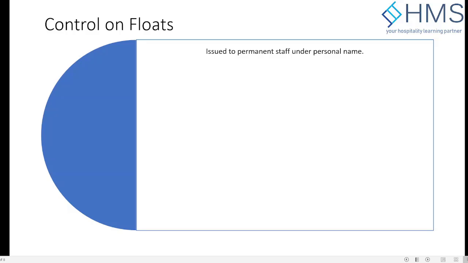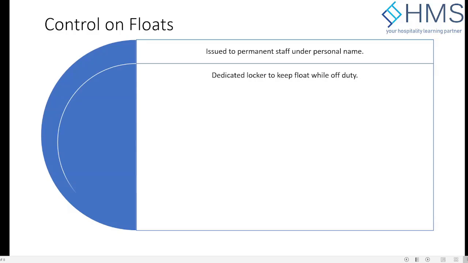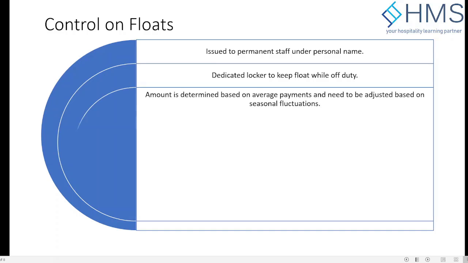That normally has to be acknowledged and evidenced by somebody. There has to be a dedicated locker to keep the money while they are off duty, so they cannot bring the money outside. Then the amount is normally determined based on the average payments, and how much money they have to pay from that particular float.